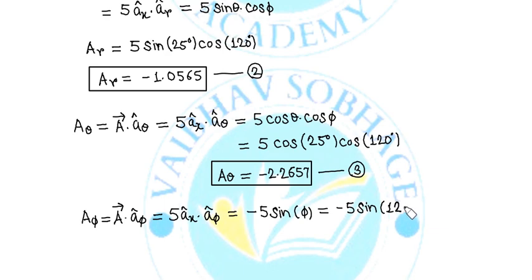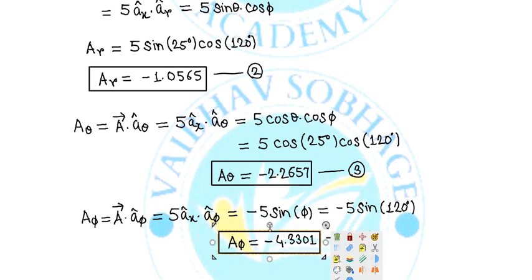So put phi equal to 120, and if you do the calculations you will find that your A phi is nothing but minus 4.3301. Assign some equation number to this one. So this is your third element that we will be needing to find out that given vector A in terms of r, theta and phi.